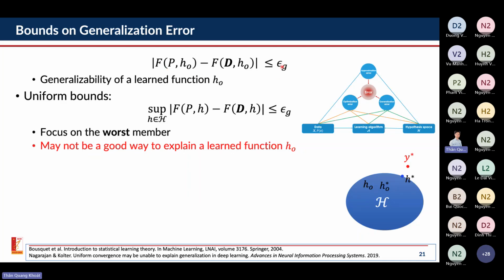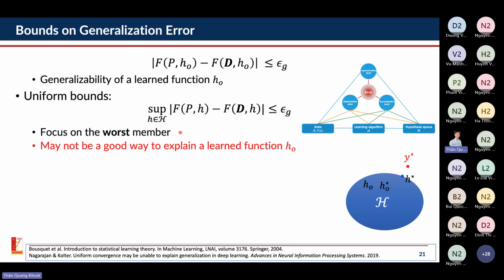And in theories, we often focus on an upper bound for this difference, right? Because the exact difference here cannot be computed directly. So in order to analyze this, one way is to analyze an upper bound on this quantity. One direction is to consider the worst member in the family.